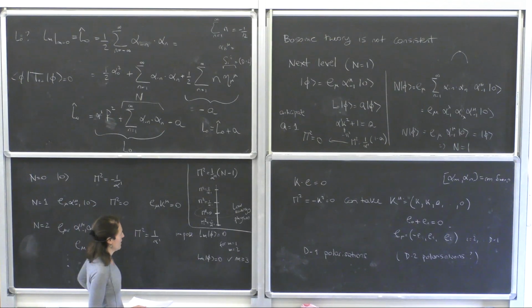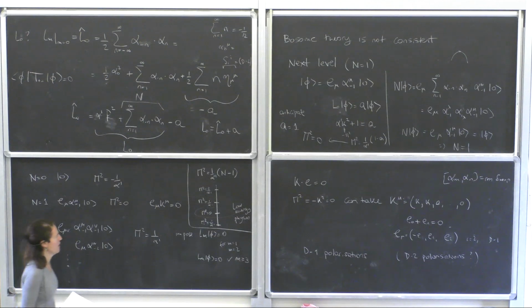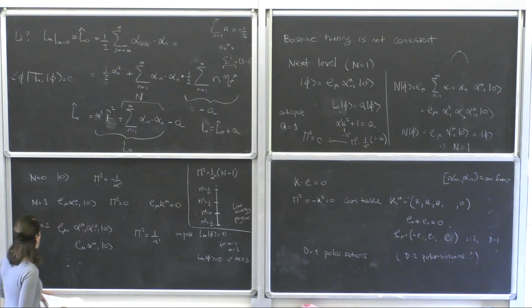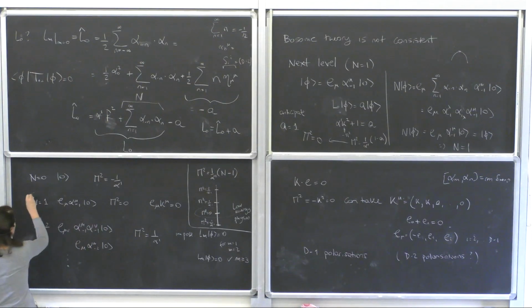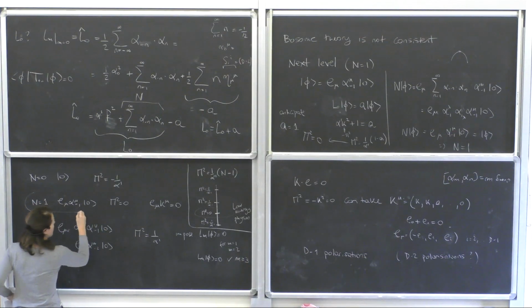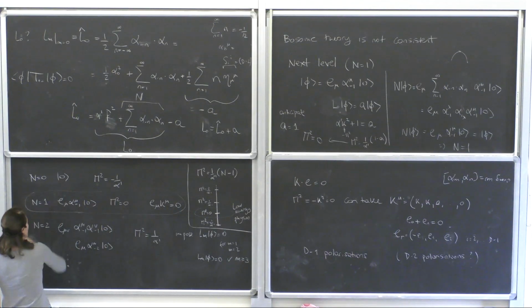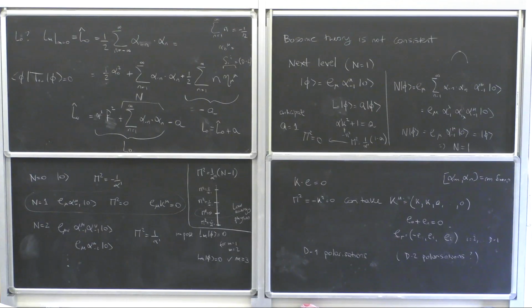You need to have this tower of states to have a UV completion of the theory. But now I will concentrate on the massless sector. This is the one I'm interested in. And in the closed string, we will also look at this massless sector, and in the superstring, we will look a lot at the massless sector.